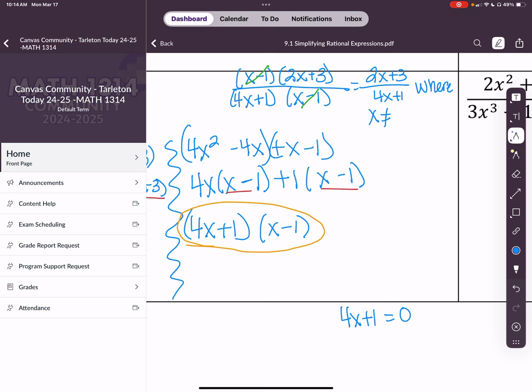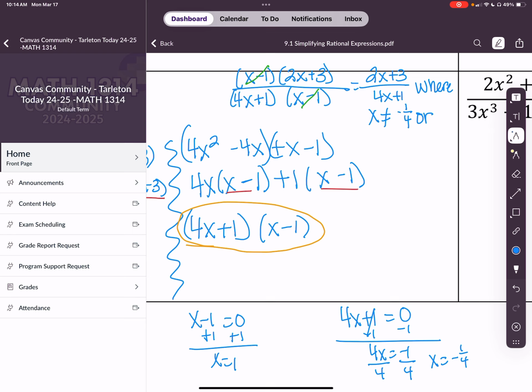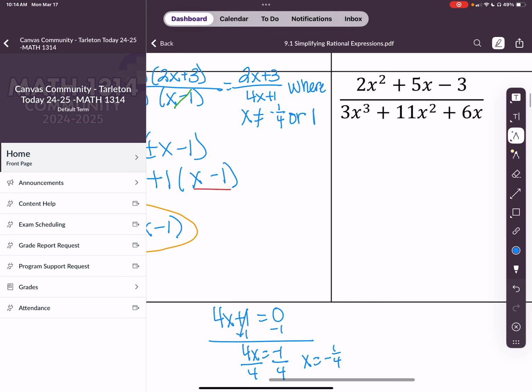When we set it equal to 0 and solve for x, we get that x equals negative 1/4. So that means that x can't equal negative 1/4. And then I have the x minus 1, and when I solve for x, I get that x equals 1. So x can't equal negative 1/4 or positive 1. Okay?